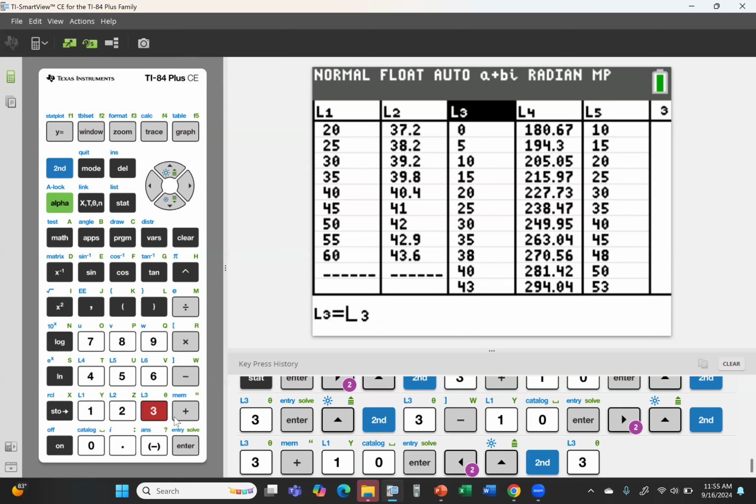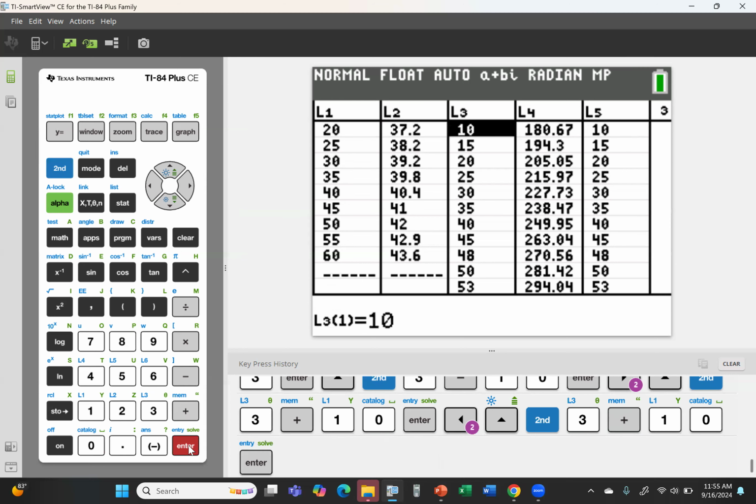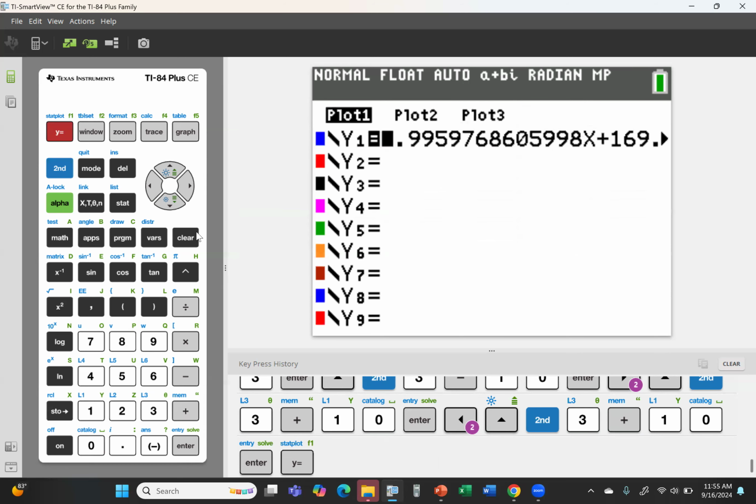So L3 plus 10. And now, once I have that, I have to do a zoom stat again. But I also need to clear out the model. So I'm going to go to my y equals and clear out my model. Clear that out.